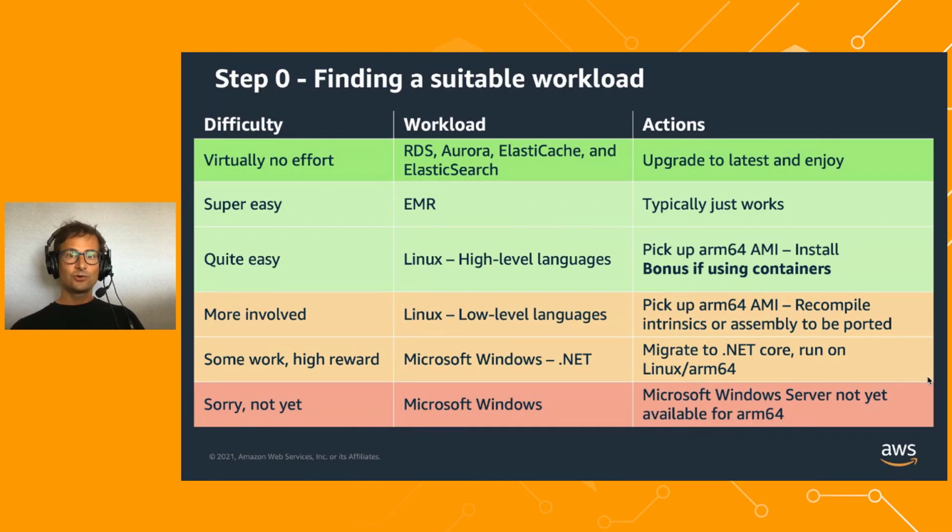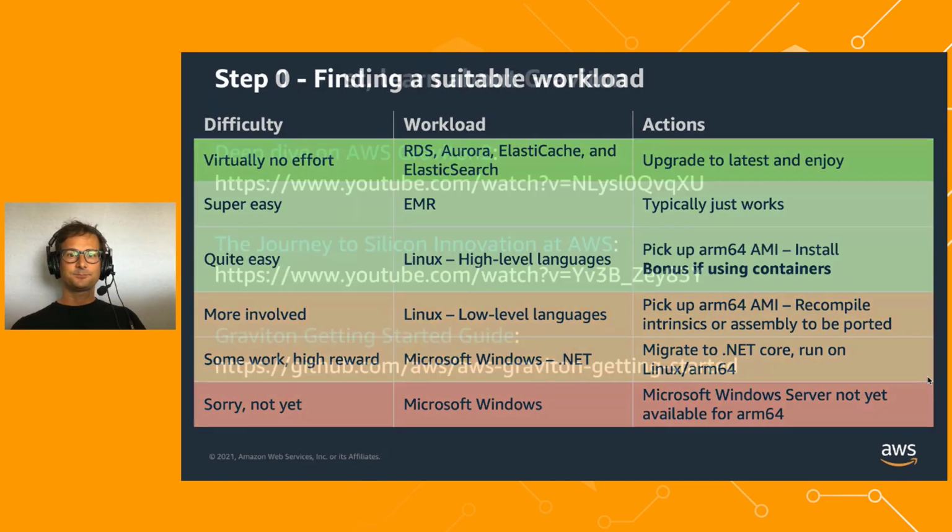And then once you're done with that first part of the migration, you can do a second part and move them to Graviton-based instances and benefit from the lower cost and the better performance. That's really a good opportunity where you can really modernize your application and win a lot from a cost perspective. Microsoft Windows-based workloads, I'm sorry, that's not yet an option. We don't yet have that on Graviton-based instances.